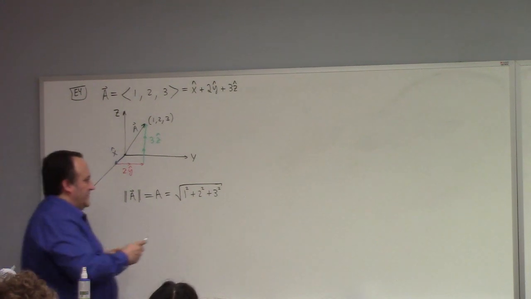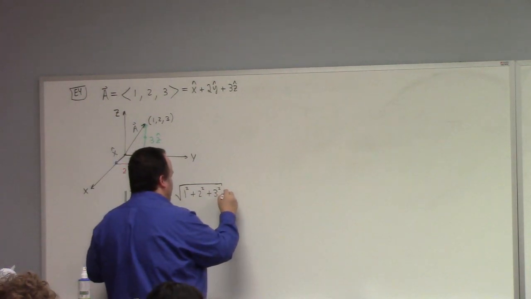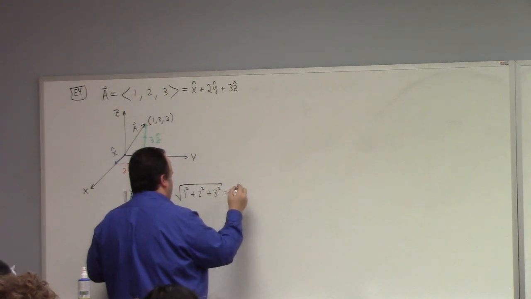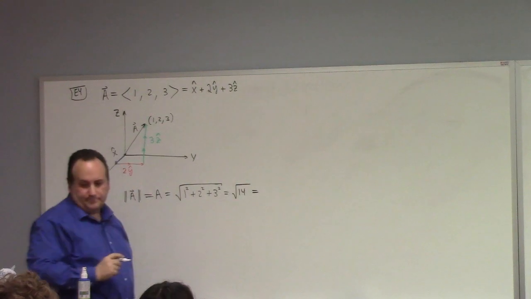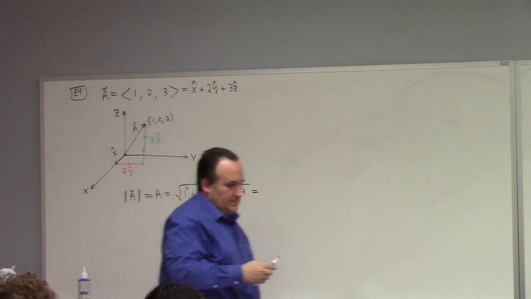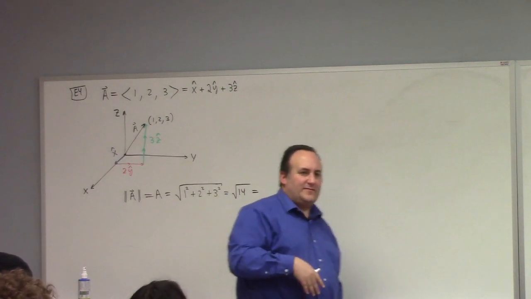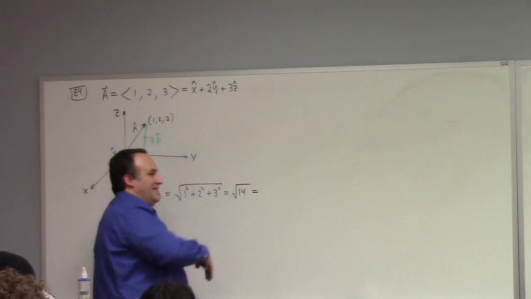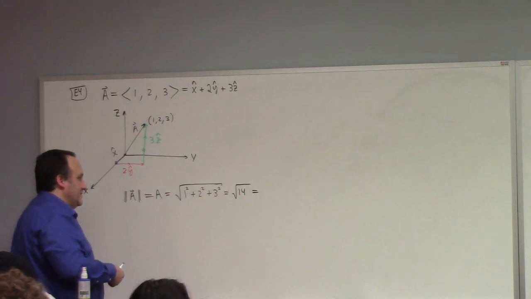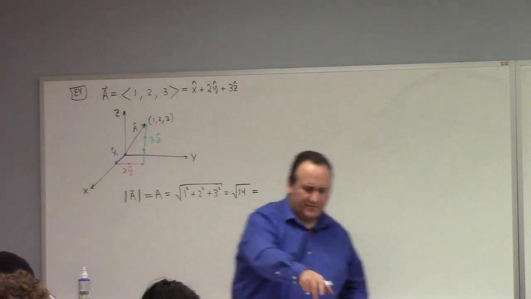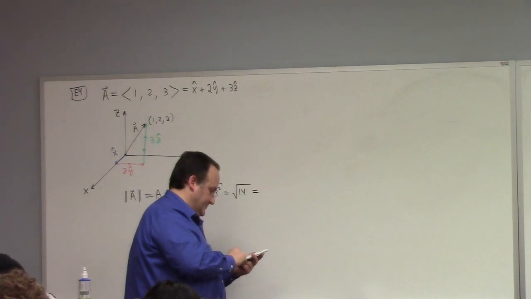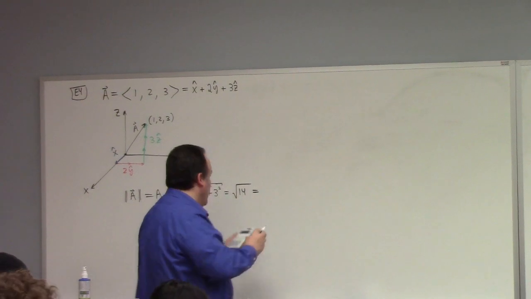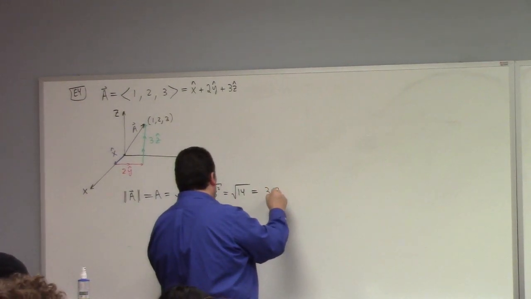What's this? This is the square root of, what we got? 14. What does that work out to? Well, if you'll forgive me, I won't belabor the decimals here. 3.742.